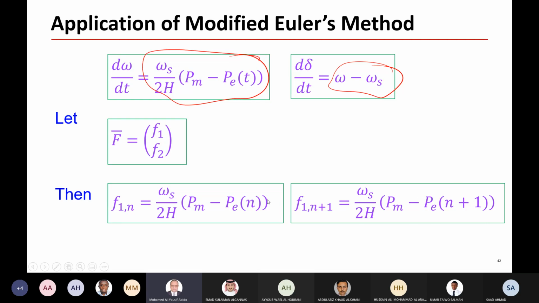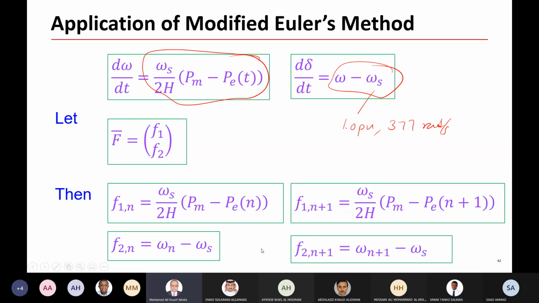All these are constants. f2 of n, which is omega minus omega s. For f2 of n, you calculate the speed at n. Omega s is of course the synchronous speed, which is constant, 1 per unit, or 377 radian per second. So omega s is known.